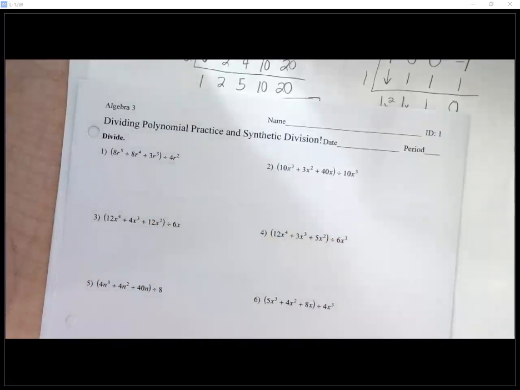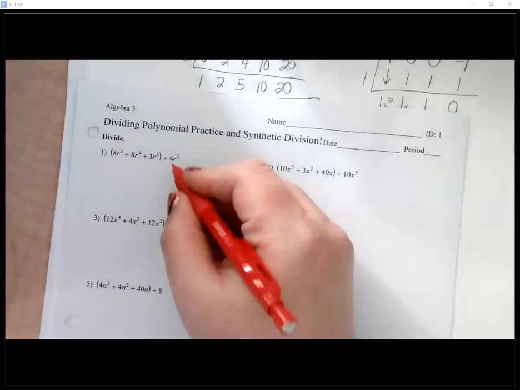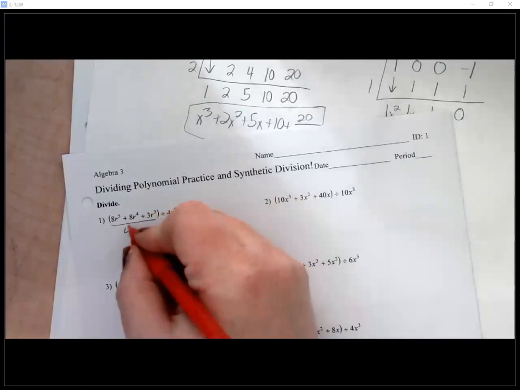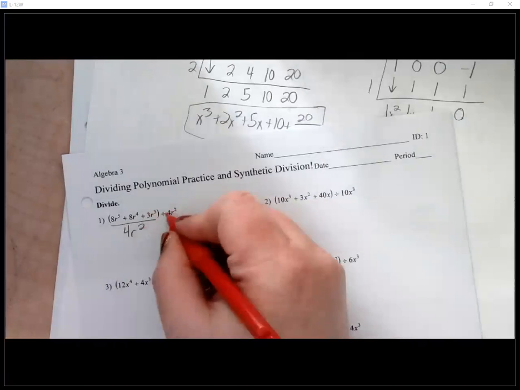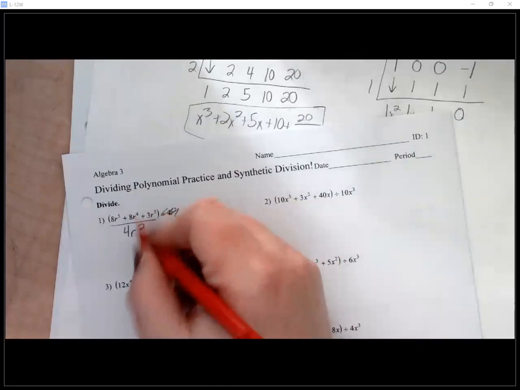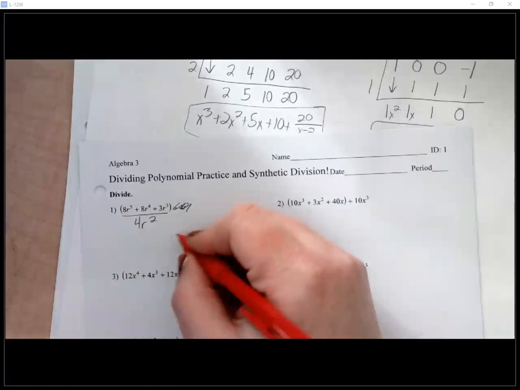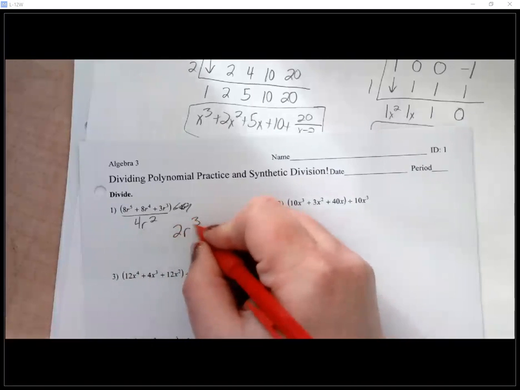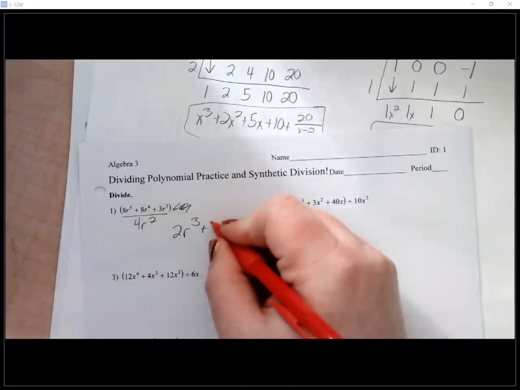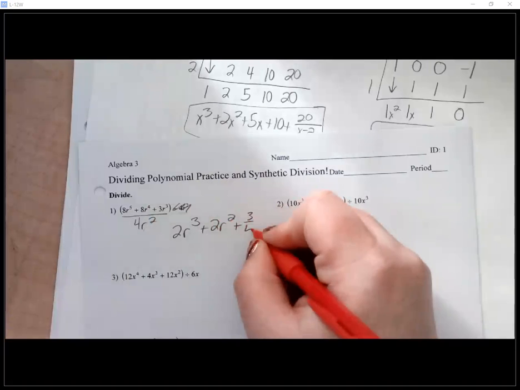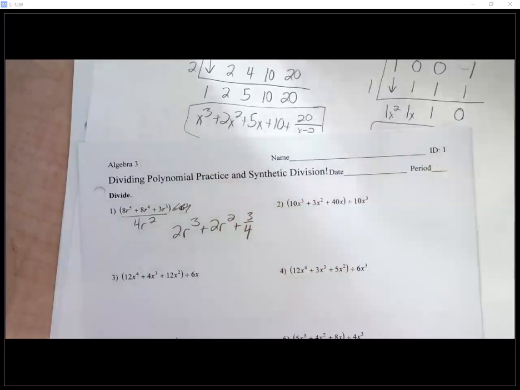Almost. So basically you're just going to divide each term by whatever you're dividing by. Everybody's going to get divided by 4r squared. And then I literally just divide it into each one. So this would just be 2r to the third, plus 2r squared, plus 3/4 doesn't divide nicely, so it just stays 3/4 r.